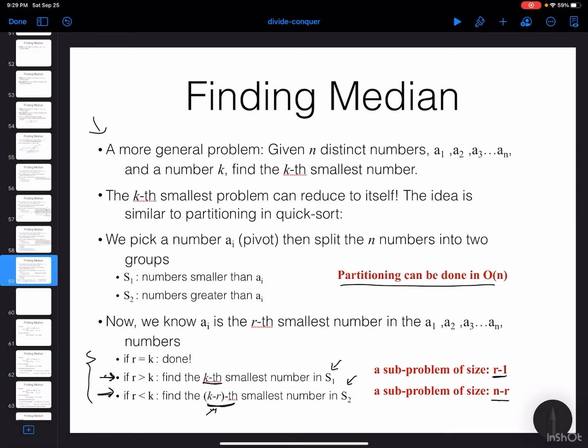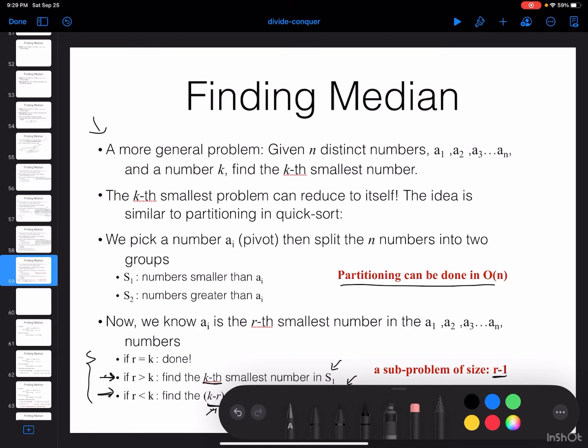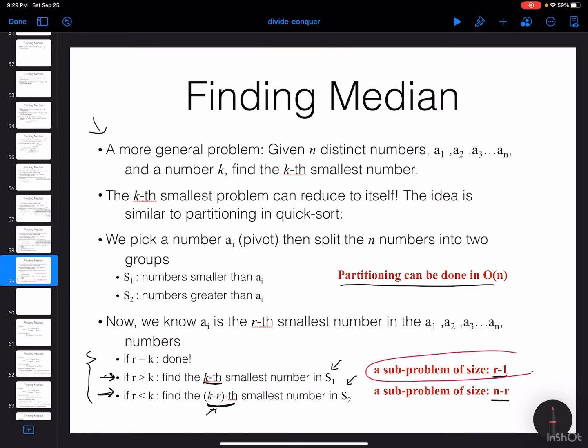So the problem here will be of size r minus 1, and the problem here will be of size n minus r. Okay, but they are exactly the same subproblem. Either I need to solve this one or this one, but not both of them.